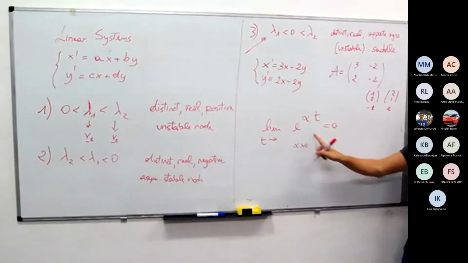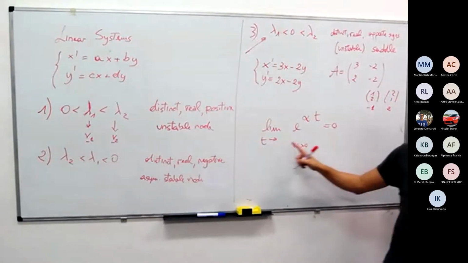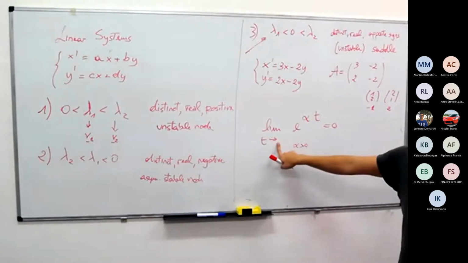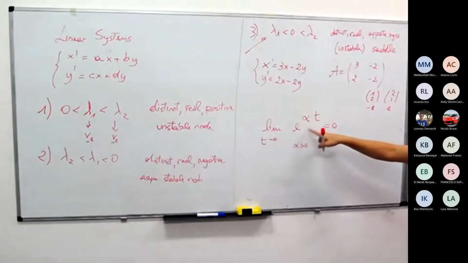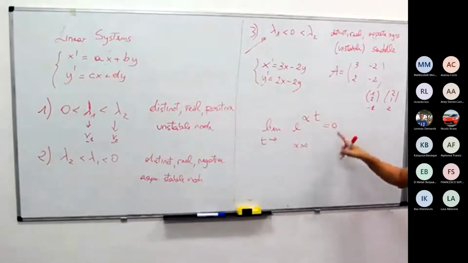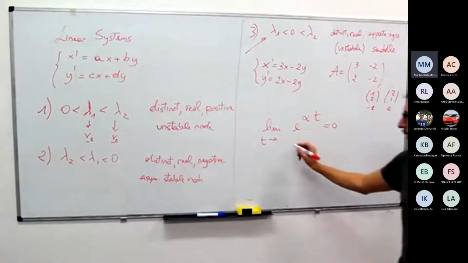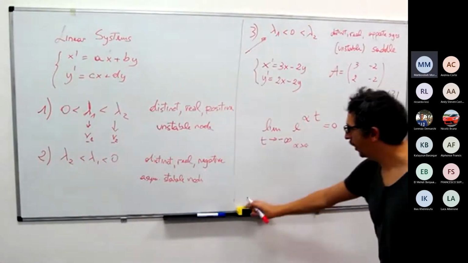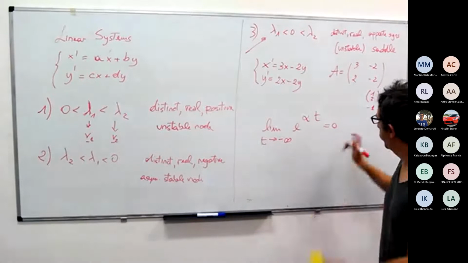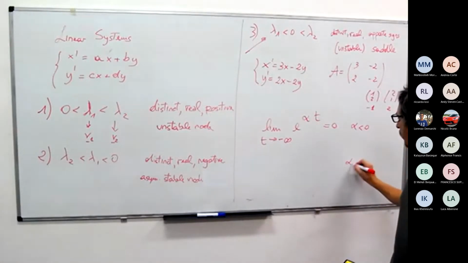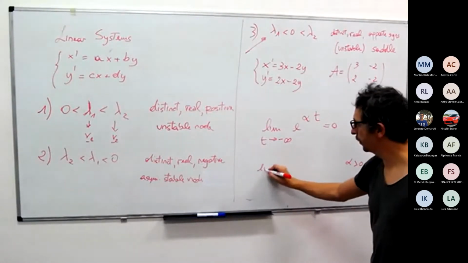When is this expression true? So what shall I put here? Here I'm looking at the limit of the exponential of alpha t. I want it to be 0. Minus infinity. So this is minus infinity. What instead if alpha is less than 0?